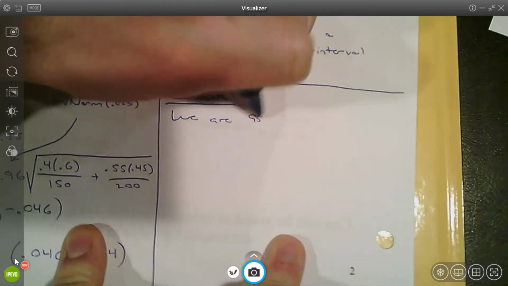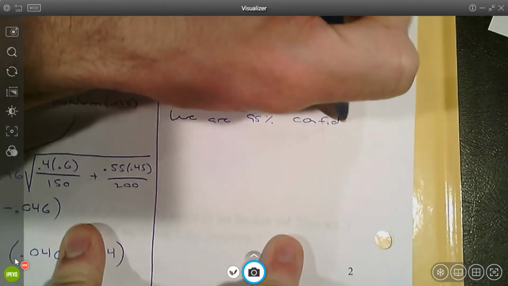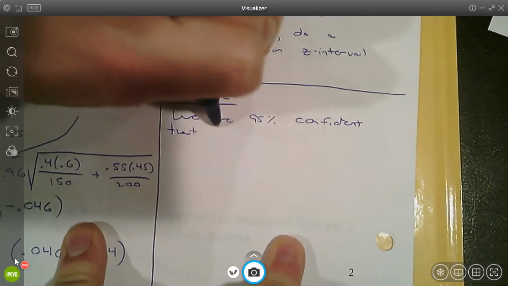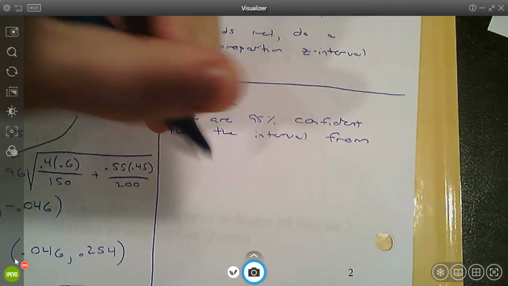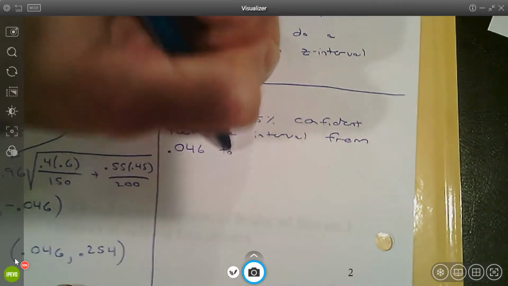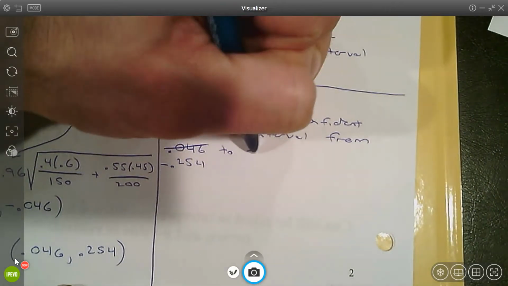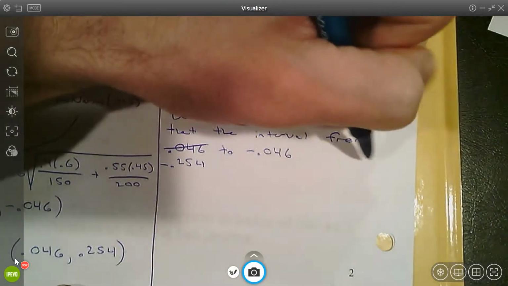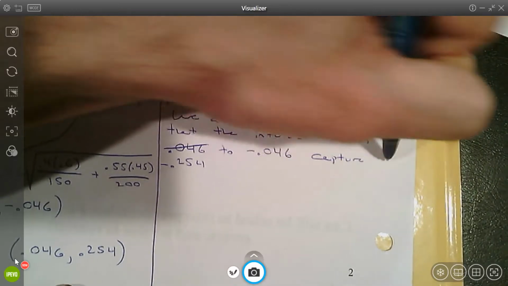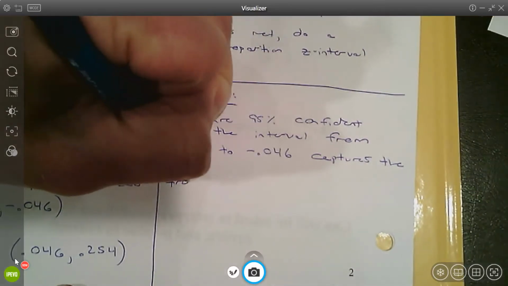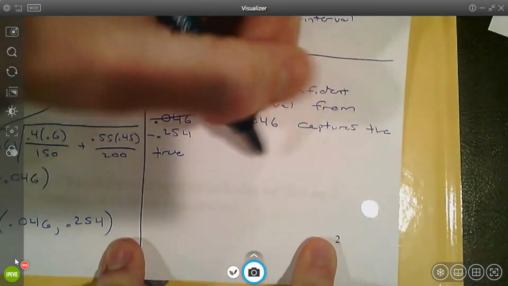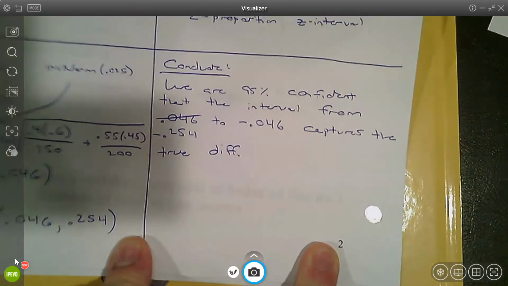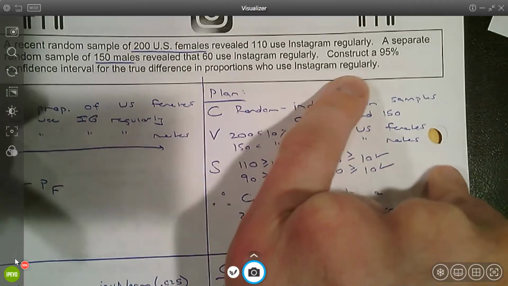We are 95% confident that the interval from negative 0.254 to negative 0.046 captures the true difference. And now I'm just going to kind of strip the context here. The true difference in the proportions who use Instagram regularly.